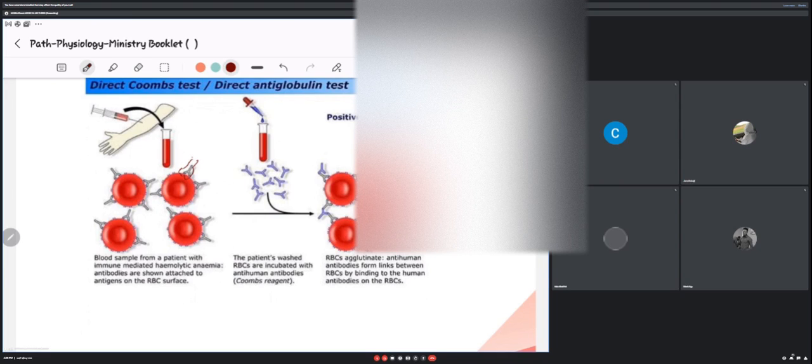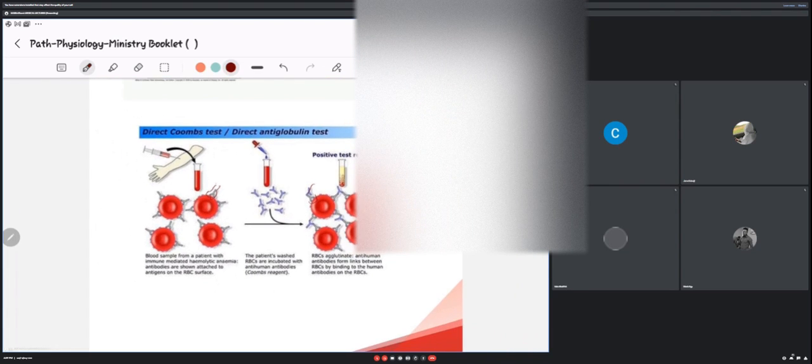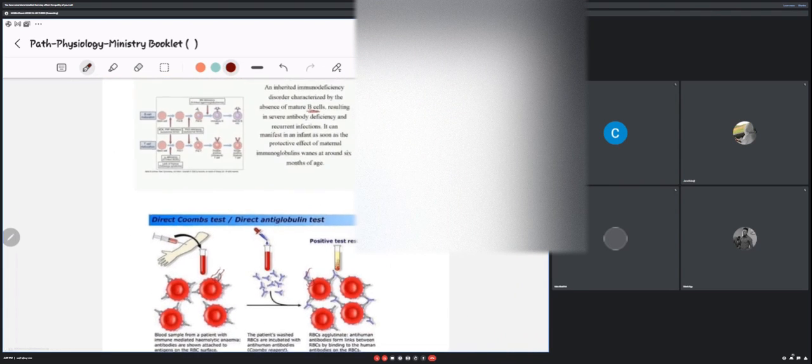Meanwhile, for the indirect, these antibodies are produced by the body and bind on the antigens here, and then the antibodies in the Coombs test now bind again to these antibodies. They have this affinity of binding. So that's what the test is all about. And what are we testing for? We're just trying to test for antibodies first of all being present, and then trying to test the reaction itself.